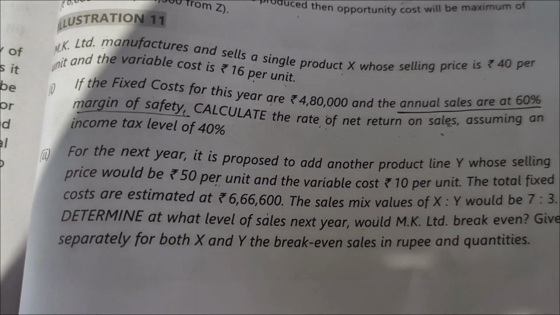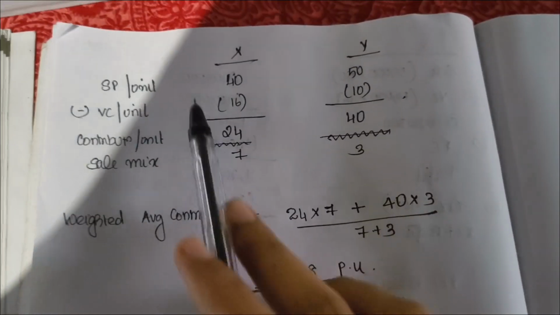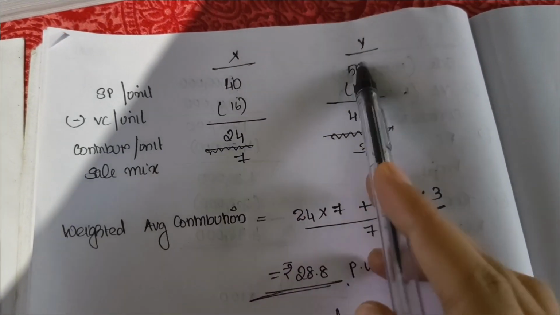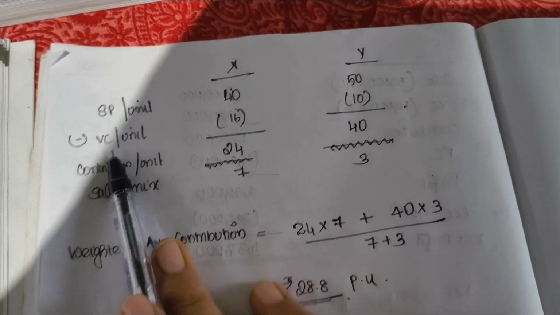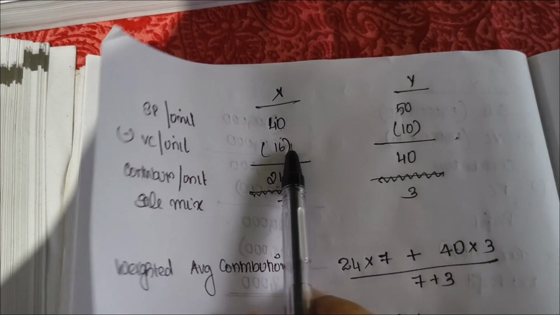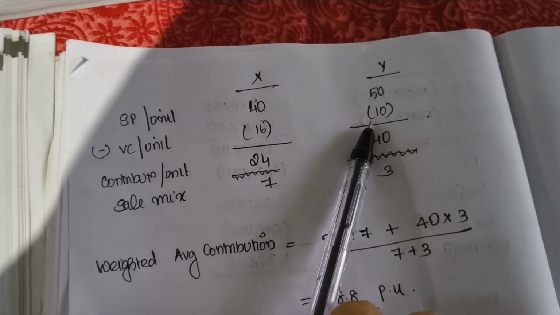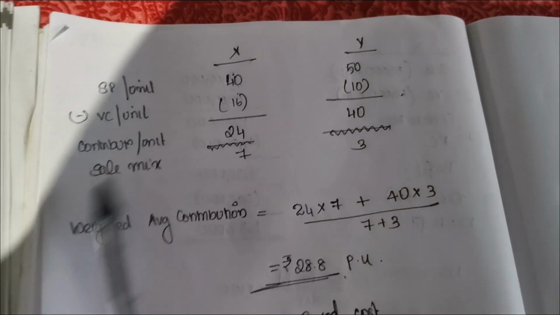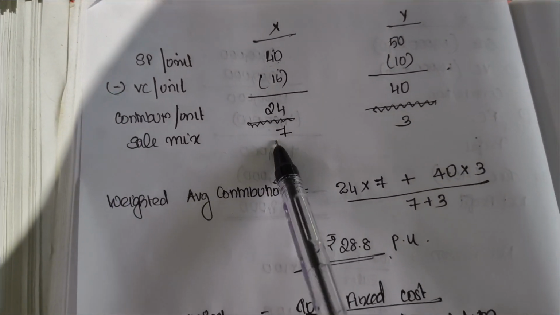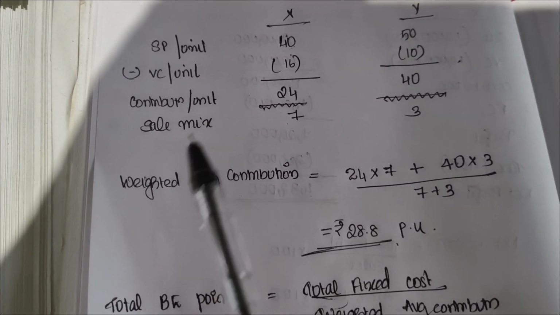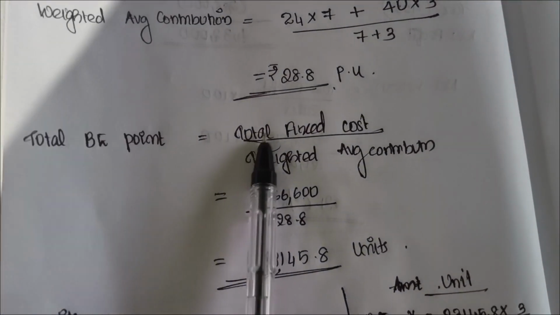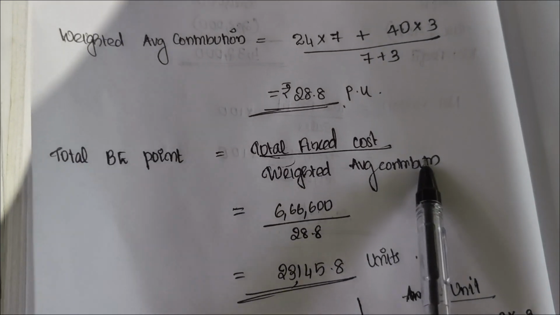So we can find the contribution for both product X and Y. Selling price per unit is 40 for X and 50 for Y, minus variable cost per unit 16 and 10, as given in the question. So we get the contribution per unit 24 and 40. What is the sales mix ratio? 7 and 3. In order to find the total break-even point, we need the total fixed cost by weighted average contribution.